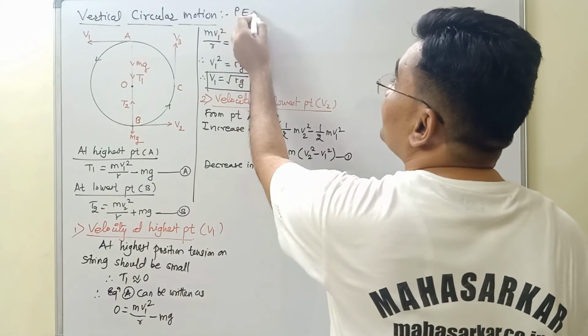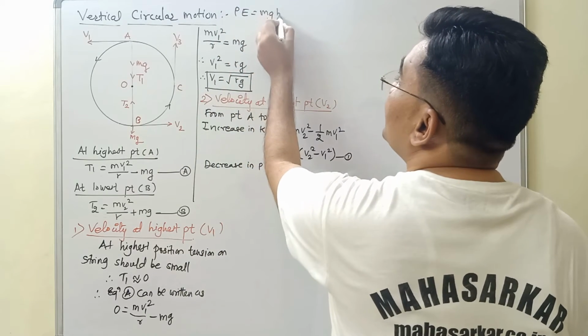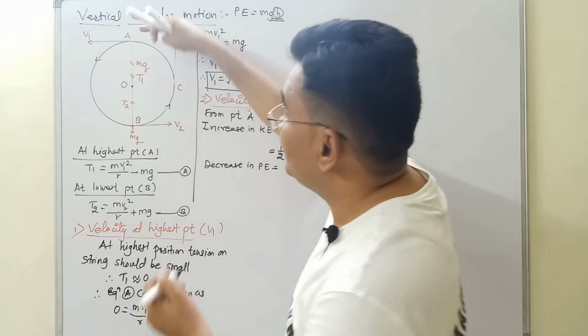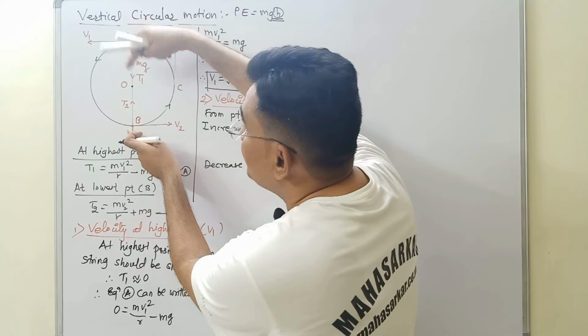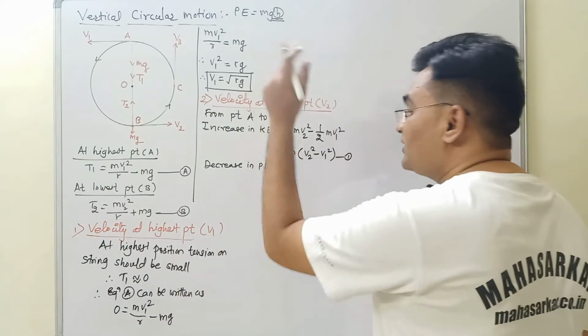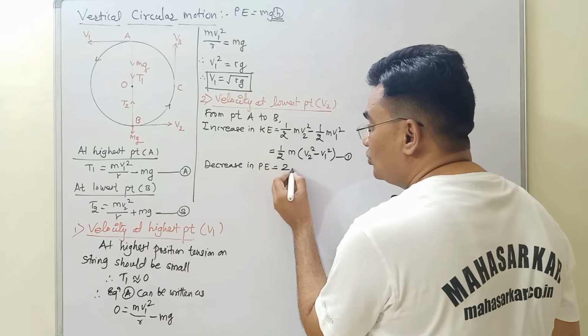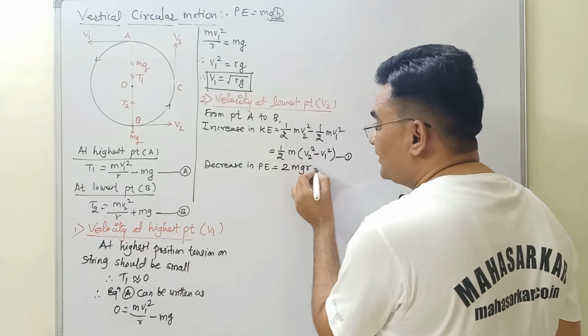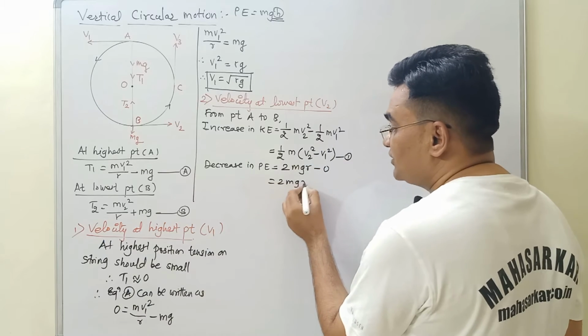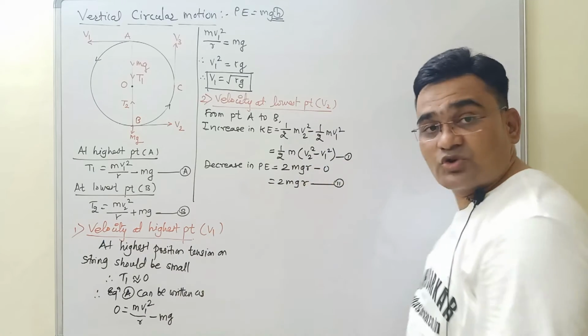If you remember, potential energy equals what? mgh, we just want to find the value of h. H means what? From the ground, this height of point A. So it is R plus R becomes 2R. So potential energy at point A is 2mgr, and when it comes to the ground it will be 0. So it will be 2mgr. So this is equation number 2.